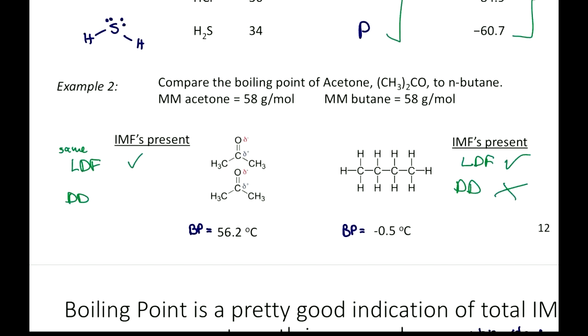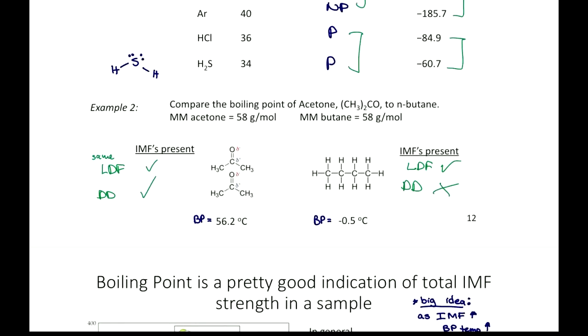All hydrocarbons are non-polar. But if we look at acetone, is dipole-dipole present? Yes, and I tried to make it obvious by showing the partial charges here. Acetone molecules do have permanent dipoles, so they're going to exhibit more attractions than something that's nonpolar. So when we list these IMFs, is that consistent with the boiling point data? Yes, it is. Okay, great.